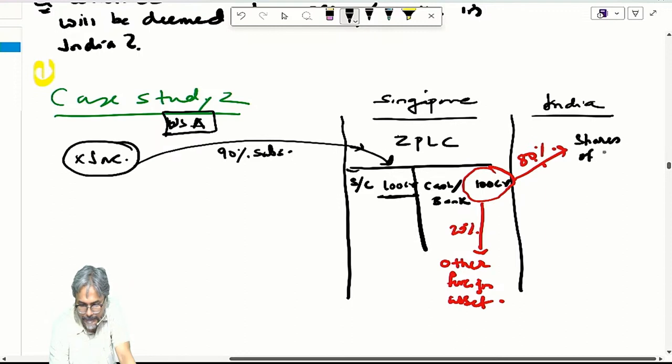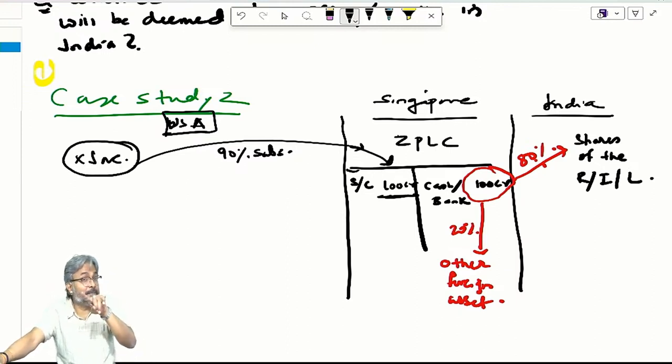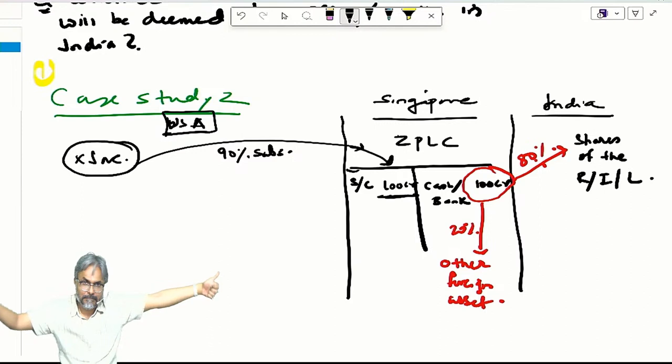Shares of the RIL. Have you all copied up till here? Okay, so far so good. So now after investment, if you see his balance sheet, share capital is on the liability side.